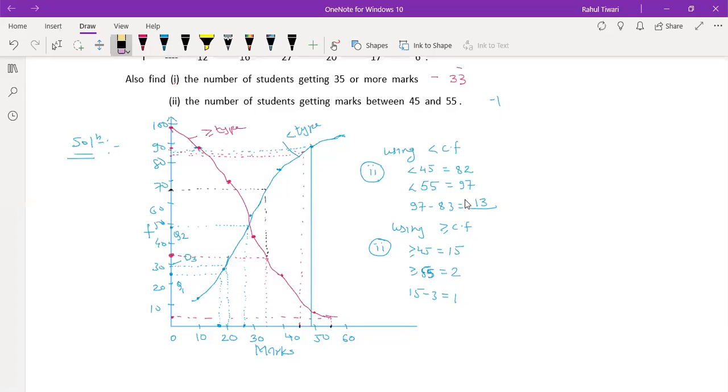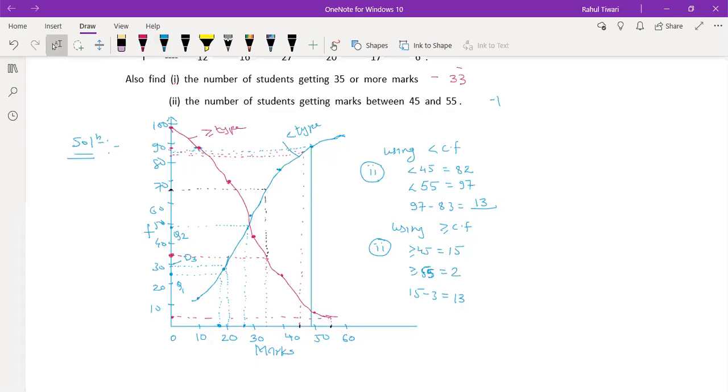Means you may get an approximate answer whether you use the greater than type or the less than type. But for this, you must check the accuracy of the data. While plotting the data, you should always take all measurements accurately. Then only will the answers be the same. Otherwise your answers may vary, but they will be very close.